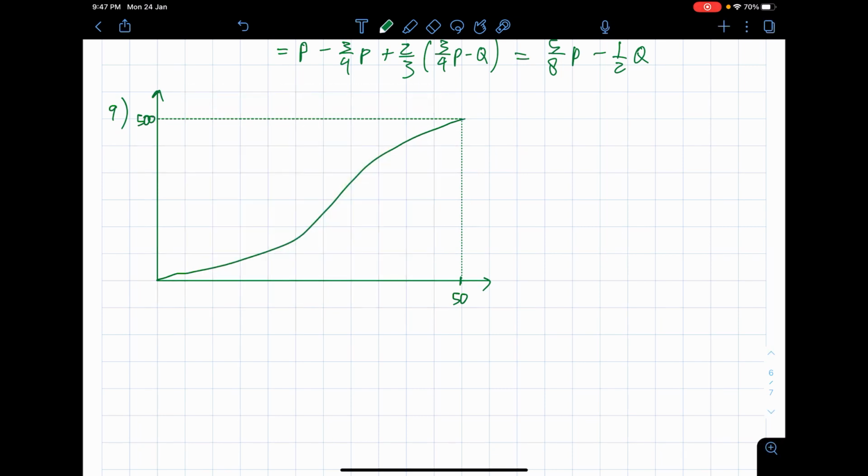Okay, so this is about the recorded number of hours worked in 1 week by 500 employees. I guess the vertical is the employees, 500 employees, right? And in that case, the horizontal is the hours worked. Then what the question asks you? Use the curve to estimate the median hours.